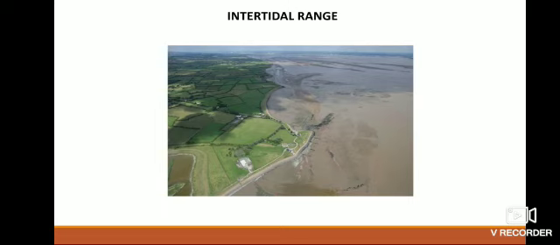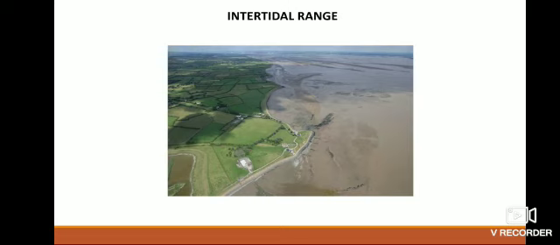Intertidal range. The difference in the water level of the high tide and the low tide is called tidal range. In open seas, this range is about 30 centimeter.